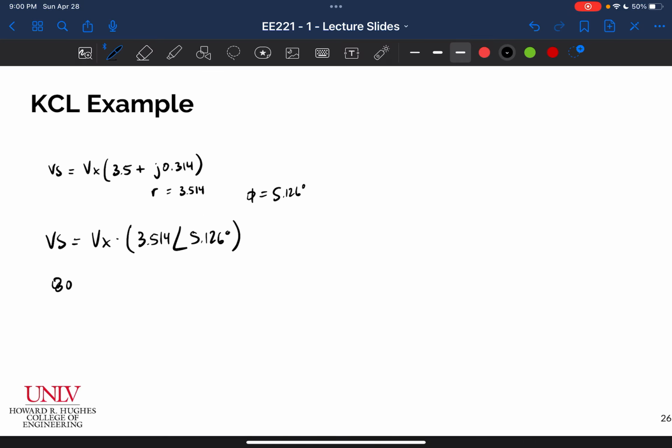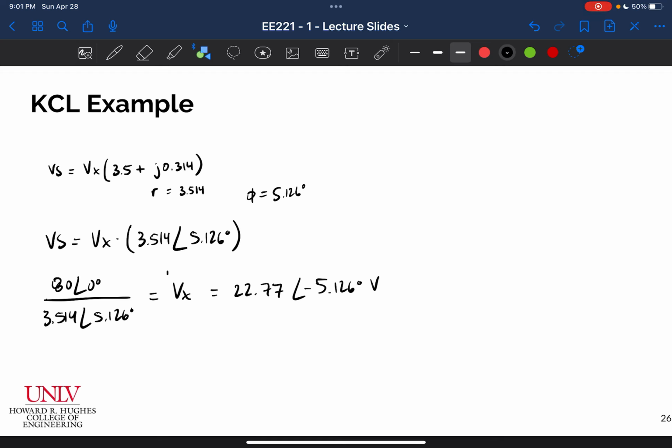So I can write 80 angle 0 degrees divided by 3.514 angle 5.126 degrees is going to give me Vx, which in this case is going to be 80 divided by 3.514, 22.76, or 77 if you want, angle negative 5.126 degrees volts.